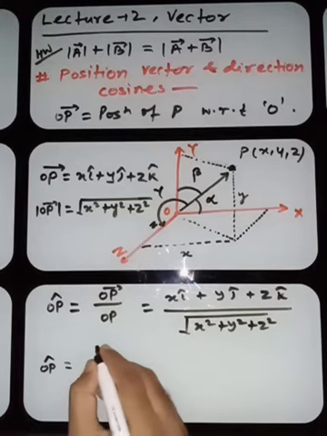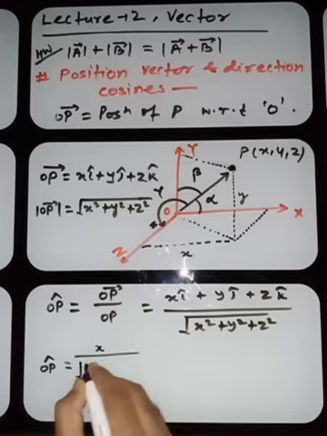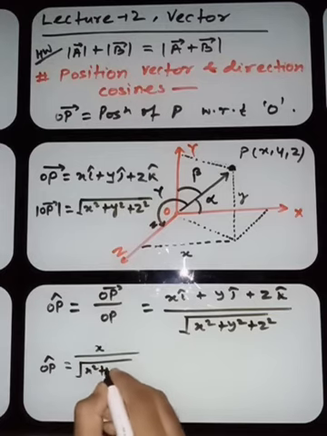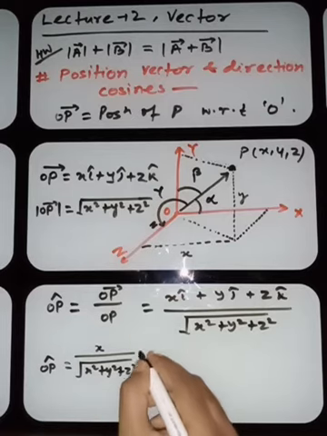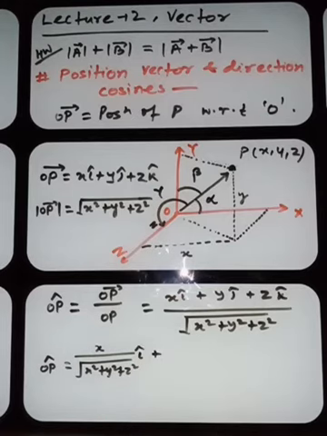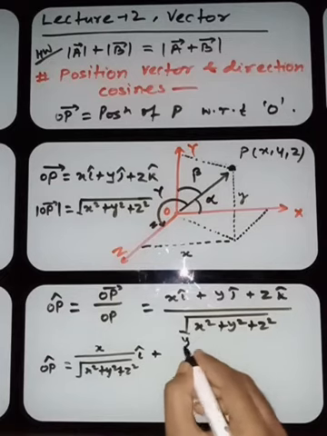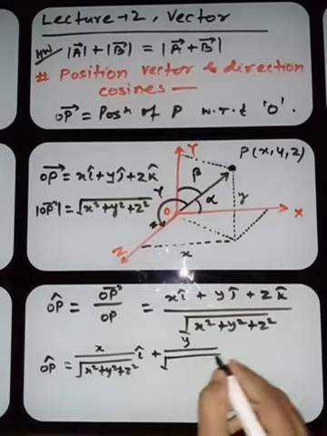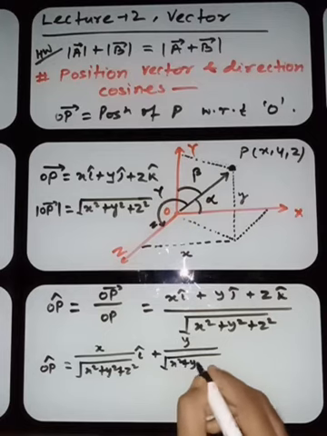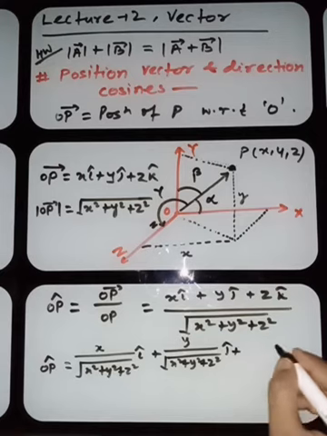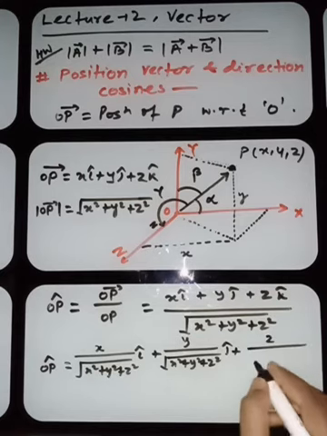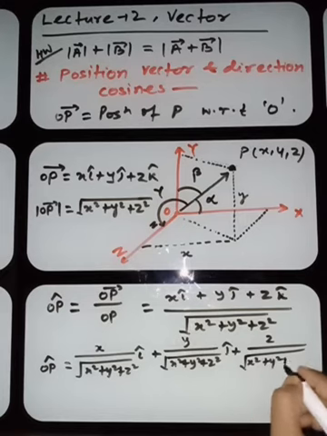It could be written as x by root under x square plus y square plus z square with i cap. In the same way, y by root under x square plus y square plus z square with j cap, and z divided by root under x square plus y square plus z square with k cap.